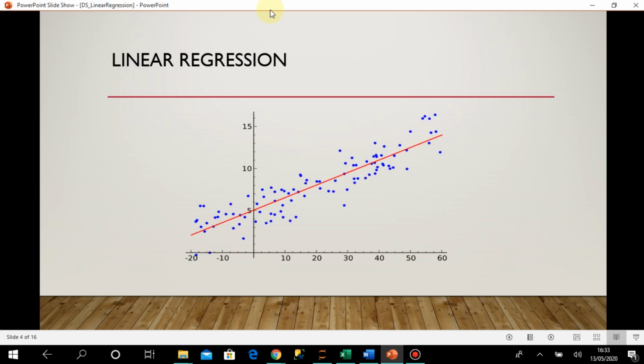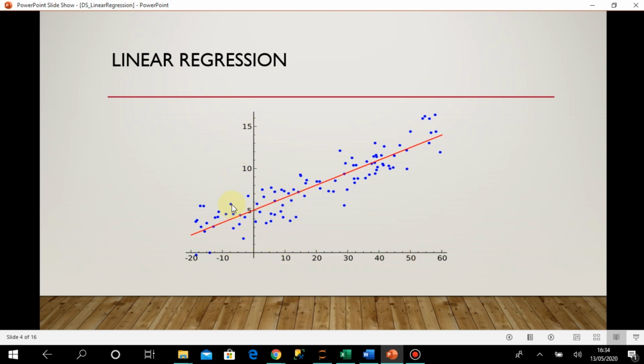Here you can see one simple diagram with x-axis and y-axis values. Consider a simple linear regression, meaning one feature is given, and based on this one feature I am going to predict the target. We have drawn a scatter plot of x versus y, where x is my independent variable and y is my target or dependent variable.